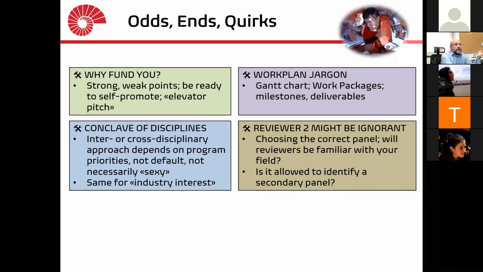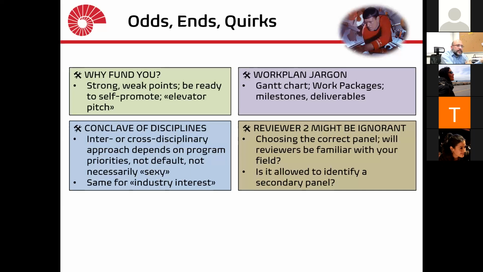Another thing, the scheme that you are applying to might allow secondary panels. You choose a primary panel that is related to the heart of your research proposal, but then it might be that your topic is cross-cutting other disciplines, other fields. If it is allowed to choose a secondary panel, consider that.